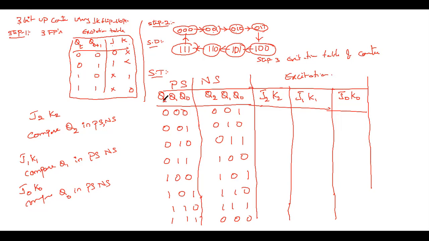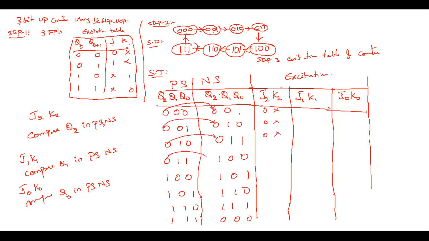First I am comparing Q2s. 0 to 0 means 0, don't care. Again 0 to 0, 0 don't care. Again 0 to 0, 0 don't care.